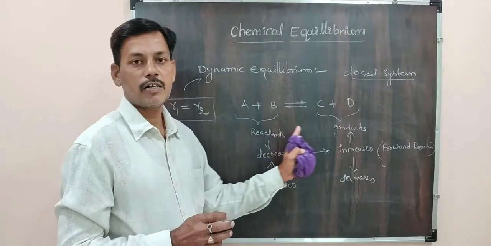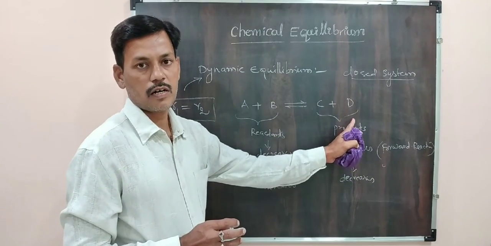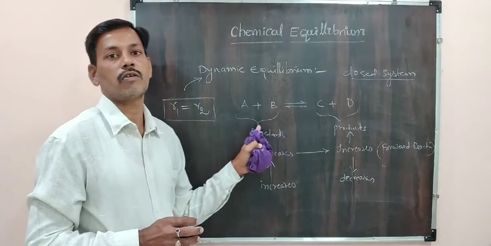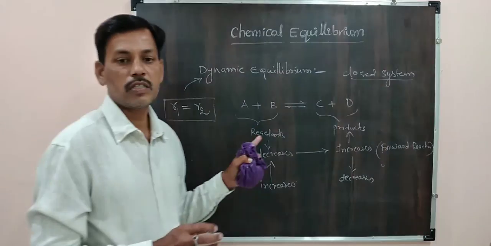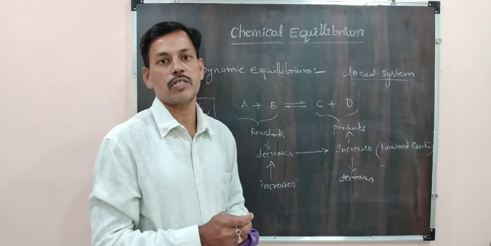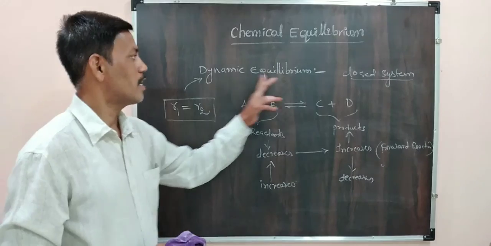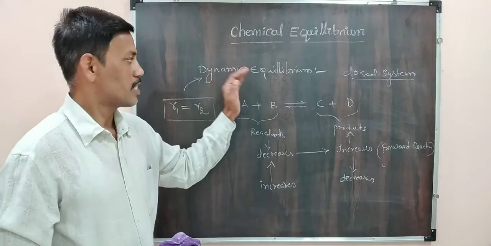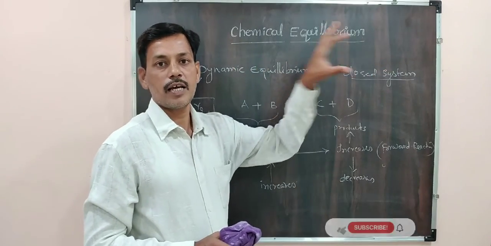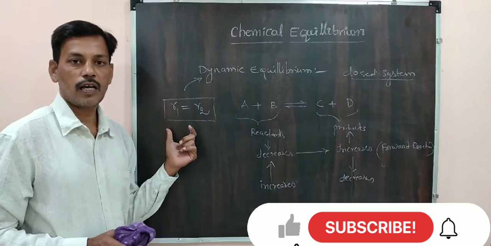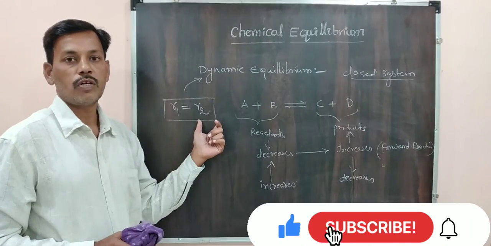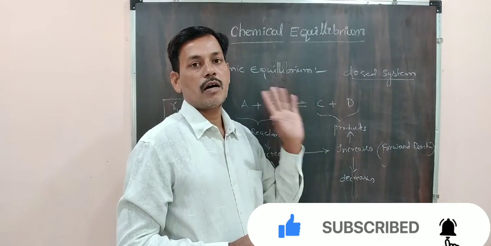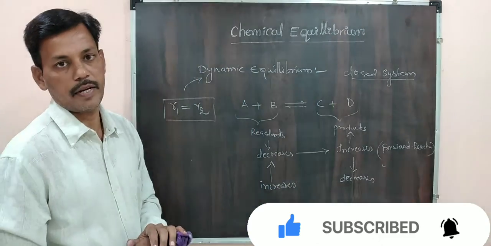The decrease in reactant concentration and increase in product concentration take place, and at the same time product concentration decreases and reactant concentration increases. So this process is done simultaneously. Such a process is called dynamic equilibrium. In dynamic equilibrium, R1 is equal to R2, so the forward reaction rate is equal to the backward reaction rate.